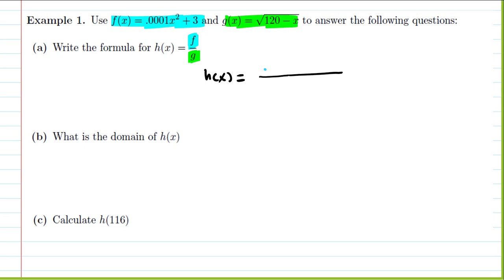So we replace f with what it's equal to, 0.0001 x squared plus 3, and we do the same thing with g of x. So we would get the square root of 120 minus x. So that's our formula for f and g.